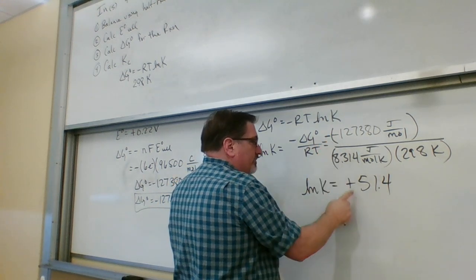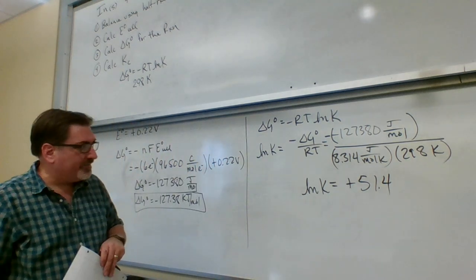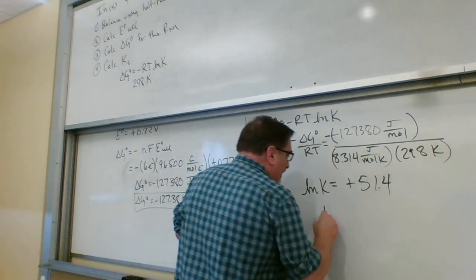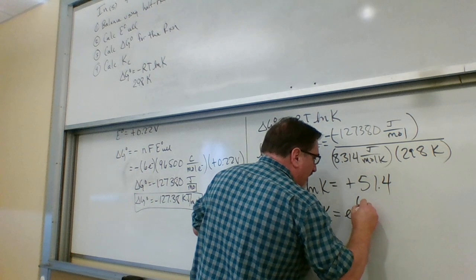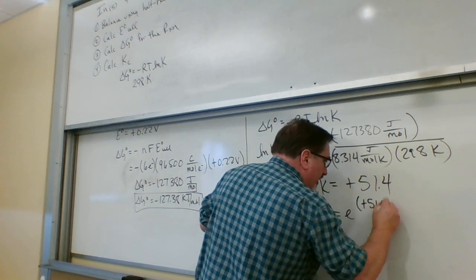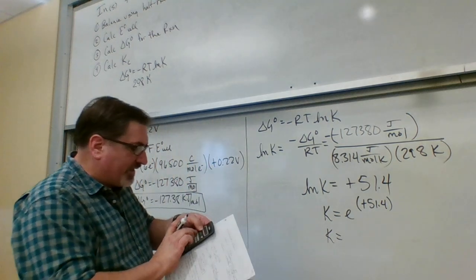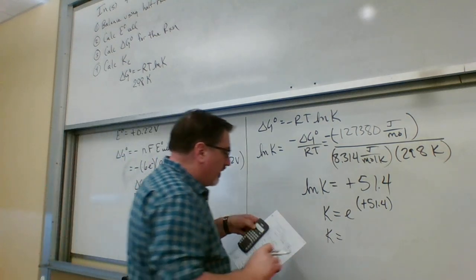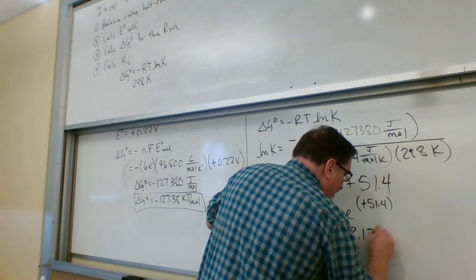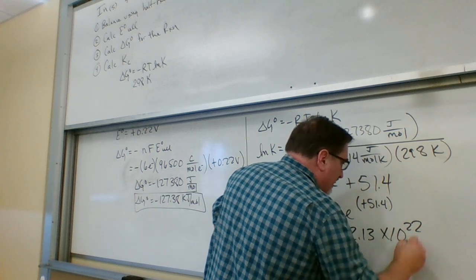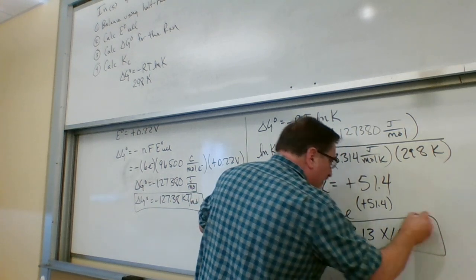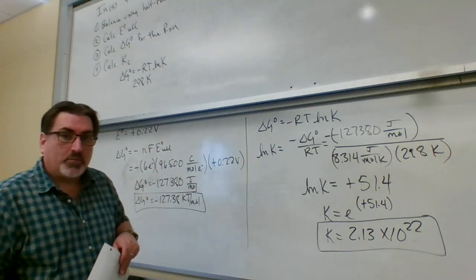They cancel out. Natural log of K is positive. So K is e to the power of 51.4. So that number on our screen, second function natural log, 2.13 times 10 to the 22, which is a very large K value.